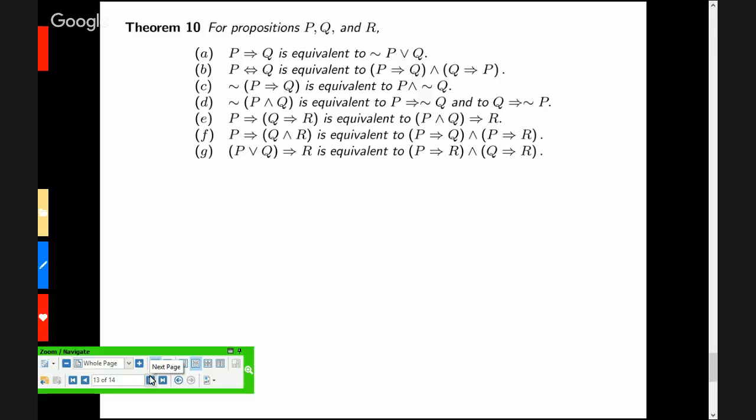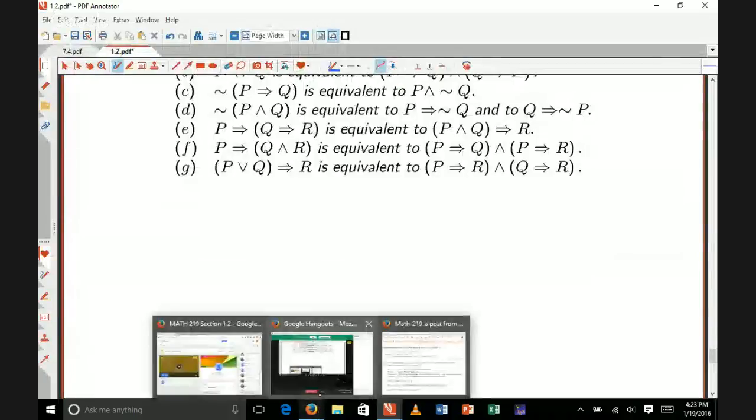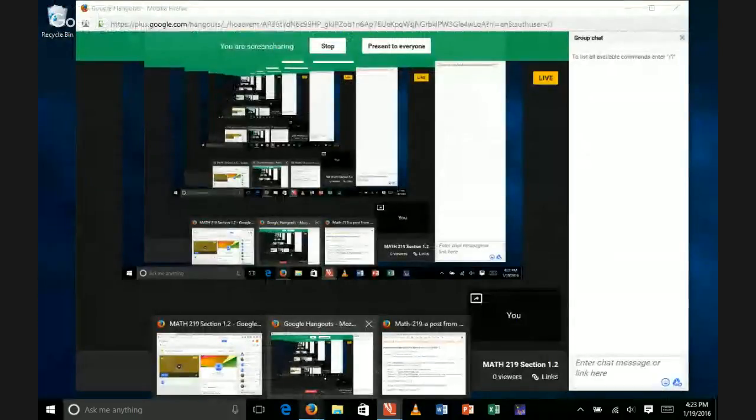A, B, C, D, E, F, and G. And go ahead and do those. Let me actually pause the video recorder while that's happening. I know it's hard.